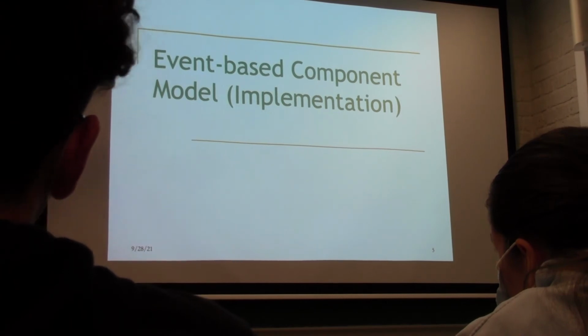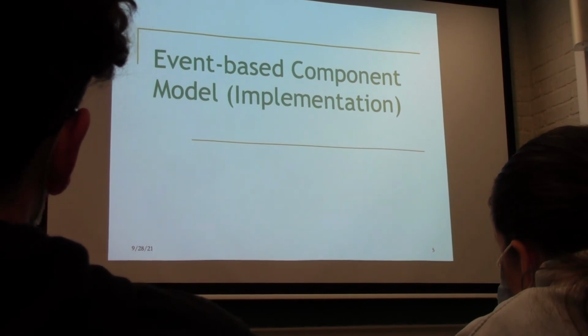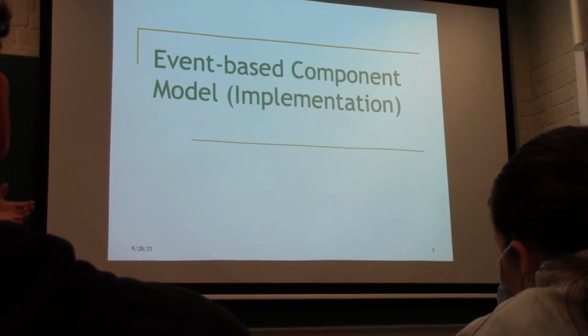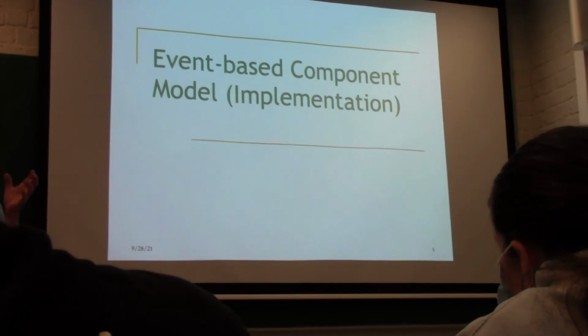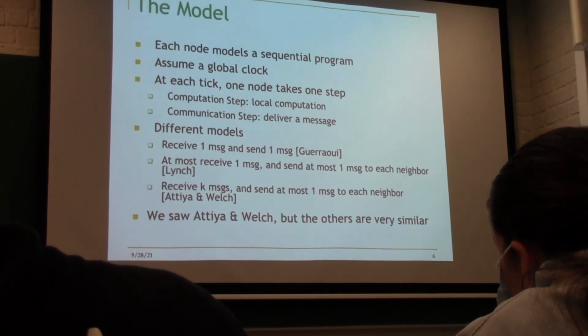It's called the event-based component model. It's like a programming paradigm, and it lets you write things, but it's a pseudocode, so there's no real system that does this. The closest real system to this is Erlang, but even this is different still.